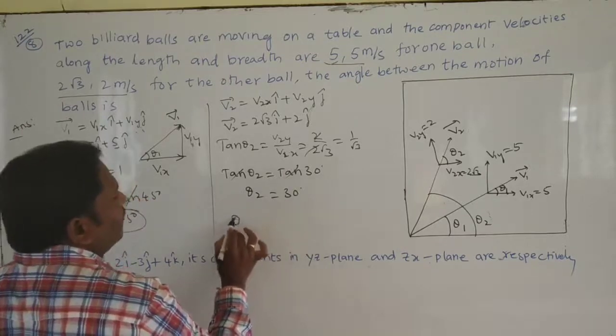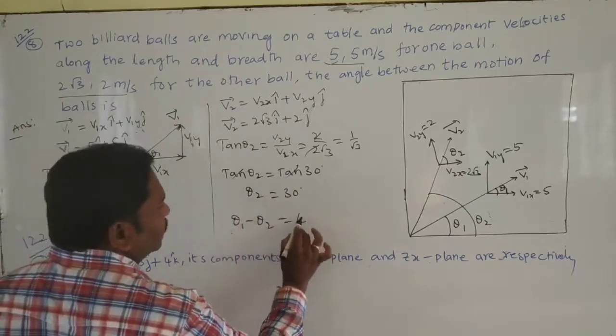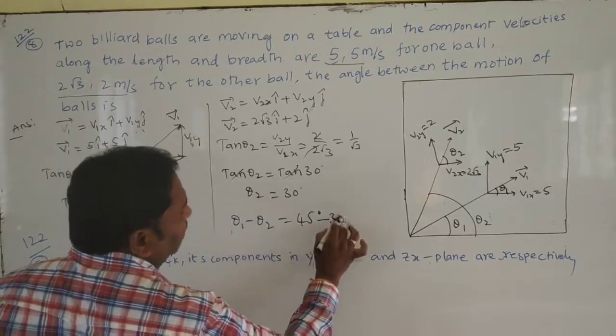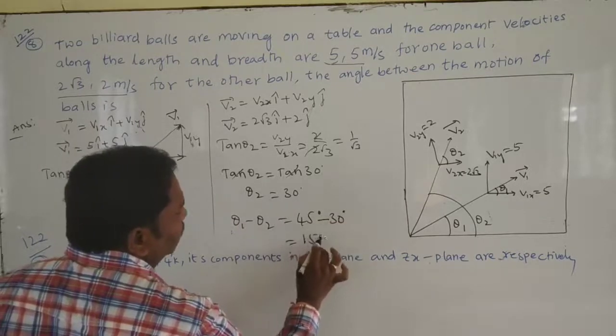So what is the angle between them? Theta 1 minus theta 2 equals 45 minus 30 degrees, which equals 15 degrees.